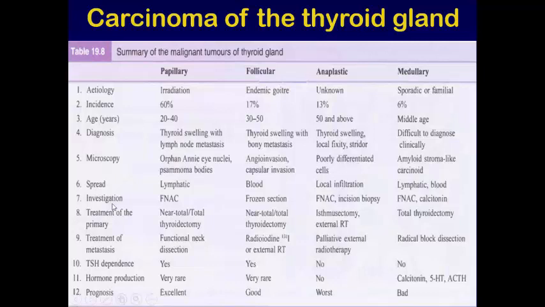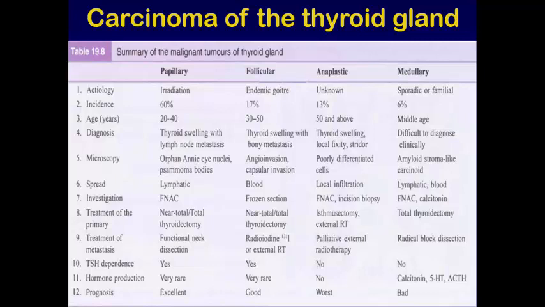Another point of comparison is the presentation when we diagnose these tumors. Papillary is thyroid swelling with lymph node metastasis, follicular thyroid swelling with bony metastasis, and anaplastic thyroid swelling with local fixity and stridor, while medullary carcinoma is difficult to diagnose clinically. Microscopically, in papillary carcinoma we find a special cell with characteristic nuclei.